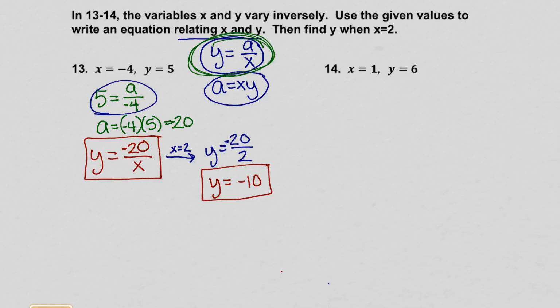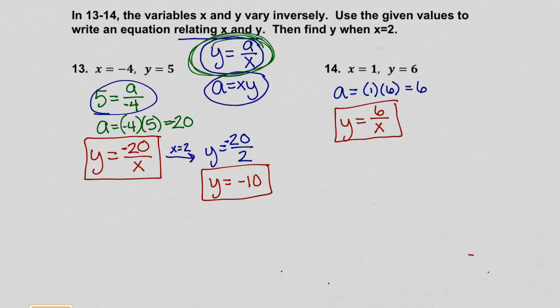Okay, so let's do it for number 14. Again, we want to find the constant first, so I use this equation just because it's faster. And you take x times y. So I have that a is 6. And I'm going to plug that in to this top equation up here. y equals what I said a is over x.